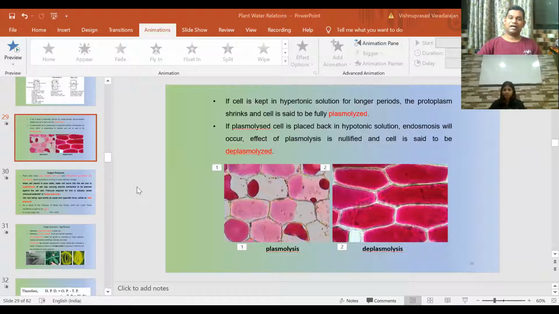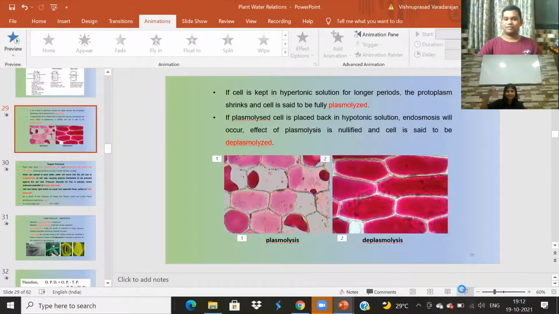When placed in a hypertonic solution, the cell is said to be plasmolysed because the water moves out of the cell. And the same plasmolysed cell, if it is kept back in a hypotonic solution, there is a reversal of the plasmolysis to some extent, which is called deplasmolysis.